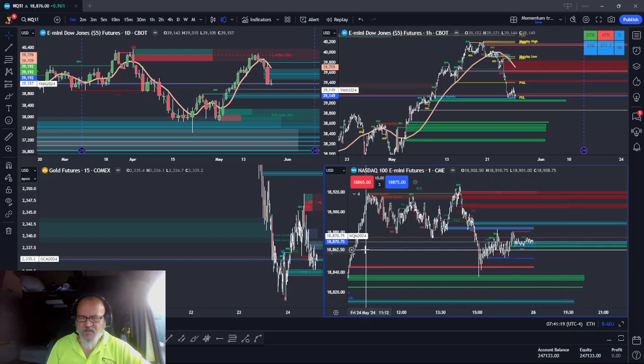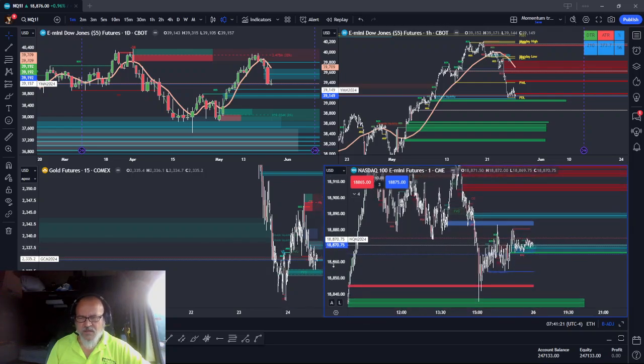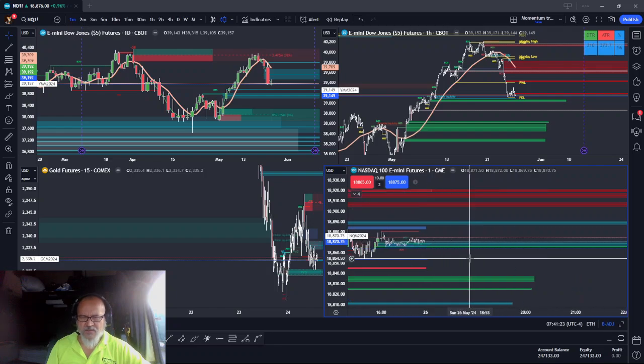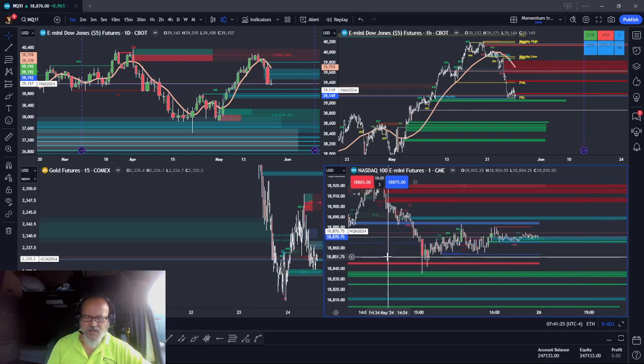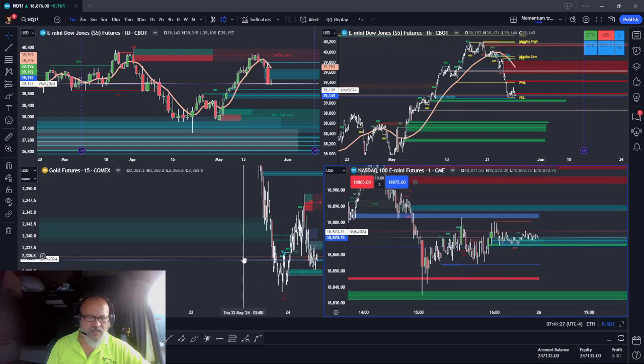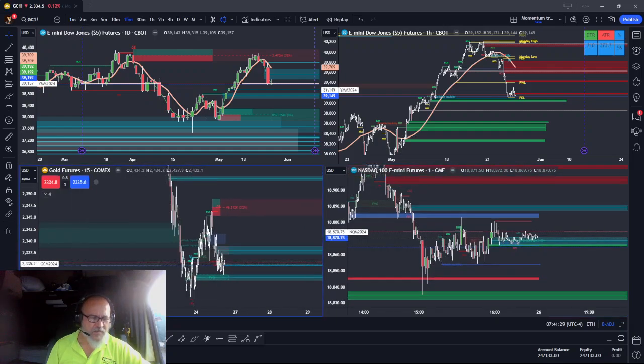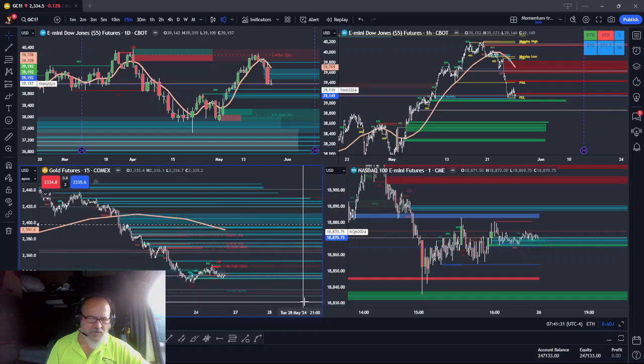Was trading off the 5-minute, but I think I've always liked the 1 minute. Gives me a little bit tighter stop losses, can reduce my risk a little bit trading on the 1 minute. So we're going to go there.